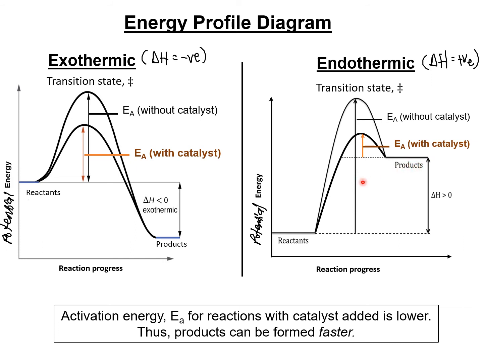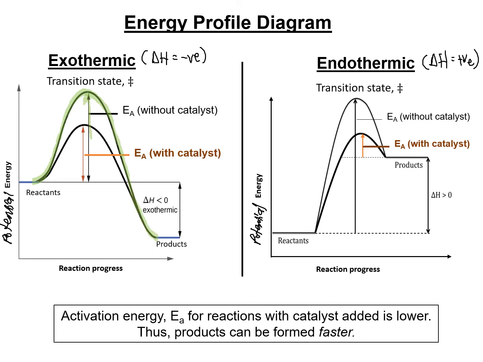Then, if you want to draw activation energy with or without catalyst for exothermic, this is the old road. Miss highlights the old road in green.